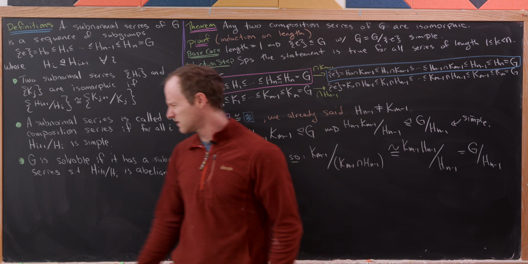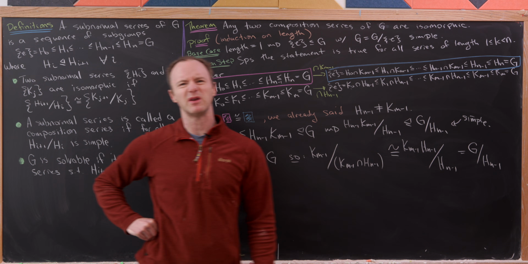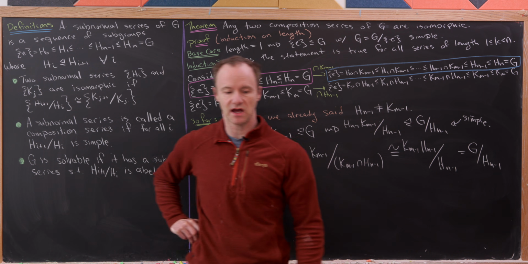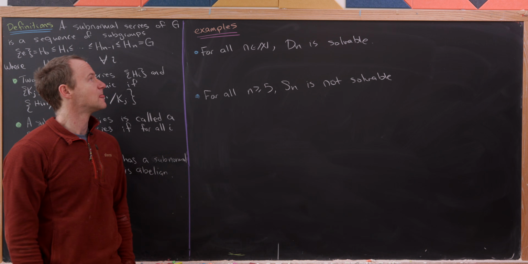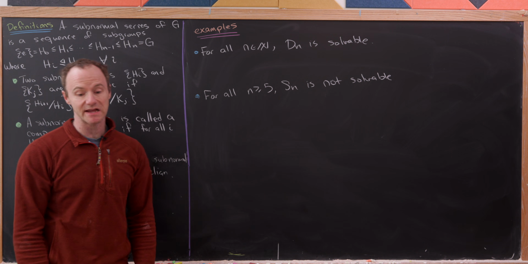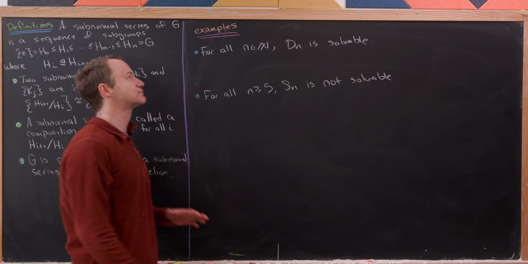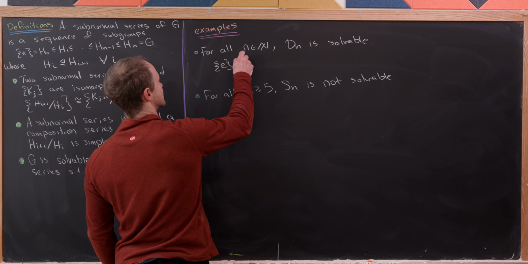Okay, so now I want to look at some examples of solvable groups and maybe prove a nice result, which is another way of thinking of this definition of solvability of a group. So for our examples, let's start by showing that all dihedral groups are solvable. And in fact, this is pretty easy because we can just take the following subnormal series.